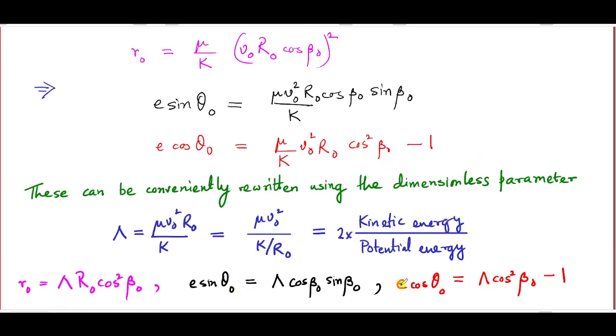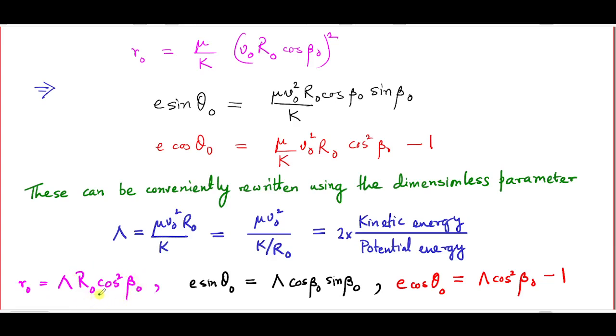Now, these expressions immediately suggest a way ahead for the solution. Remember, for the solution, we need to figure out r0, small r0 that is, E and theta 0. Small r0 is already given here. Lambda is a quantity that we can calculate from the initial conditions and the other parameters like capital K and mu, describing the interaction and the mass of the object.